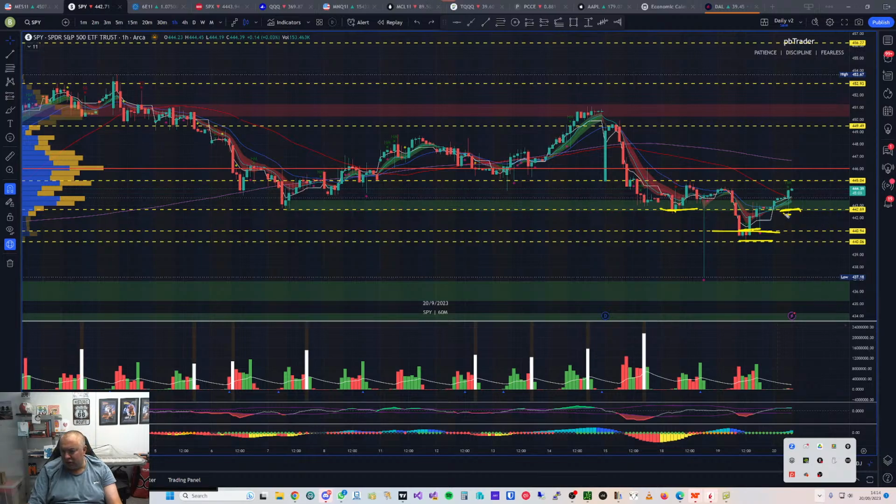Yeah, so 442.50, 442.70, that area as a higher risk bounce, and these are two higher probability bounces as well. And then rejection wise, 445, that area there, and if we start moving up to this area, probably if we get up to 451, 450, that's in the rejection area as well.